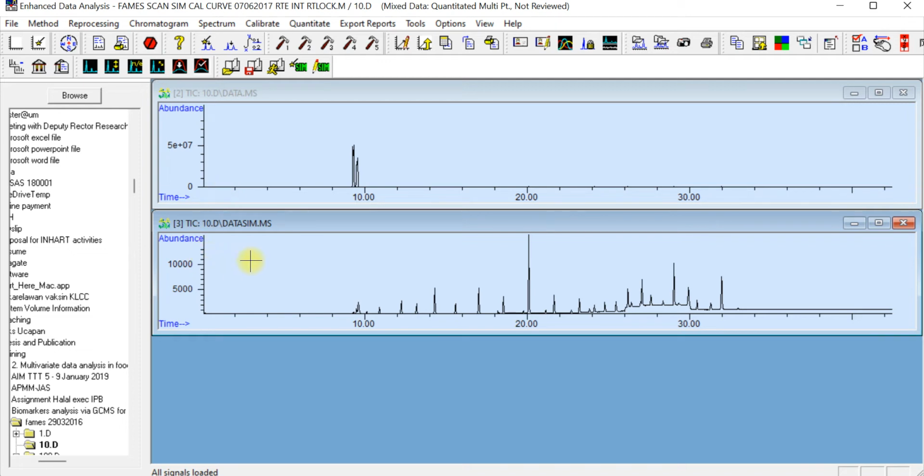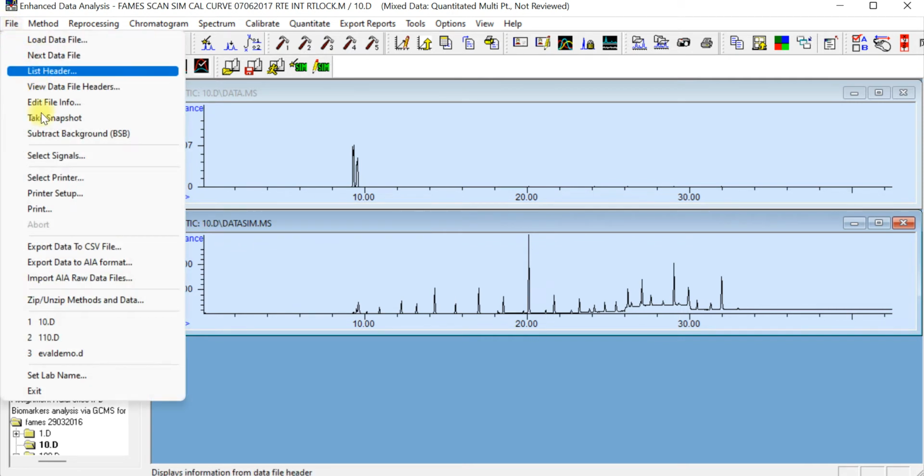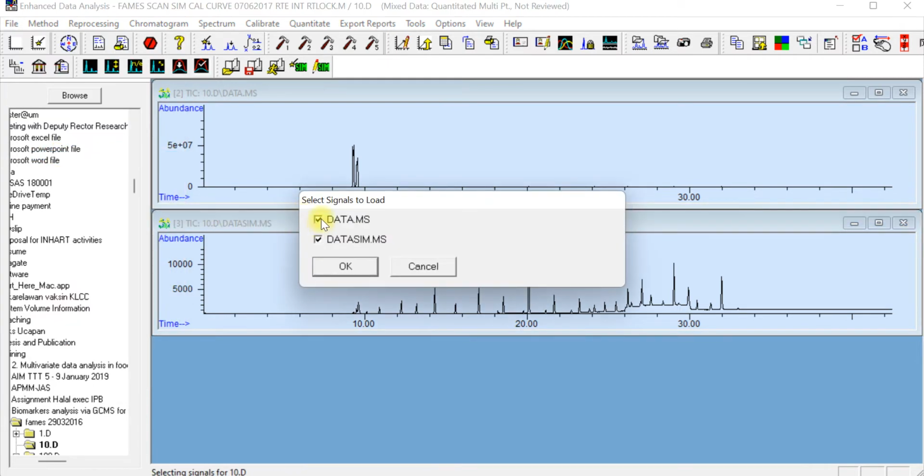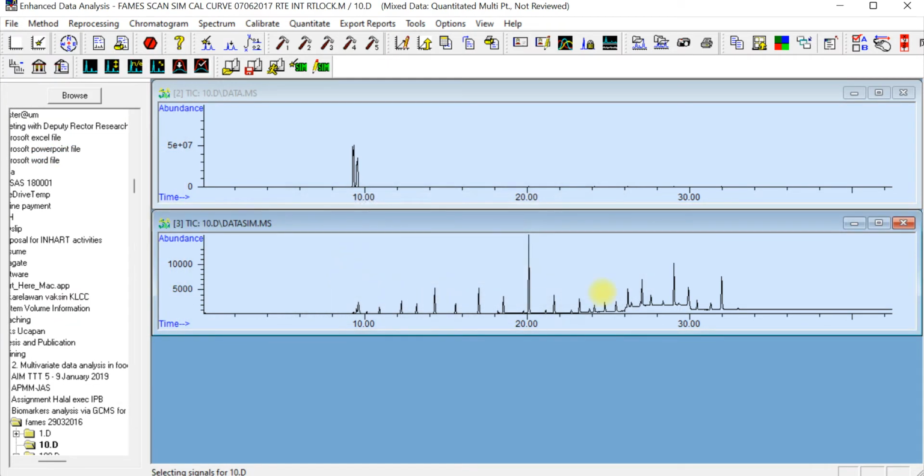For the SIM data, it only collects those ions, the ion masses, that you have introduced or registered in the gas chromatography mass spectrometer before you run the sample. So you can see here, if I choose SIM data, we will have 37 compounds.